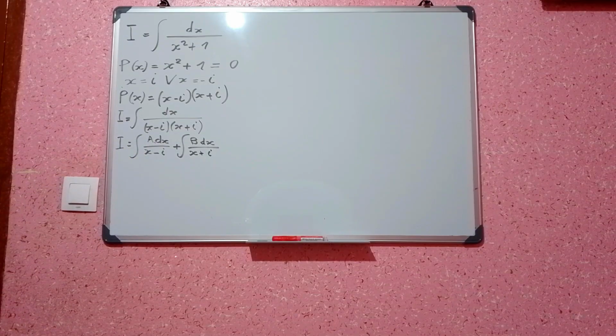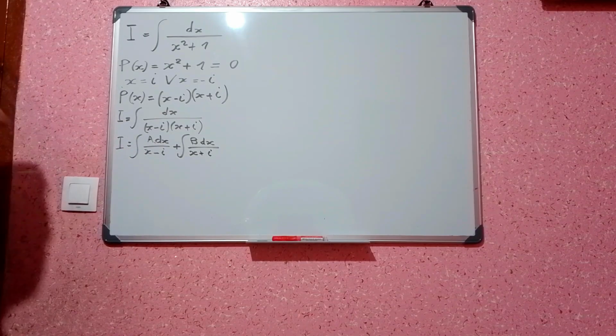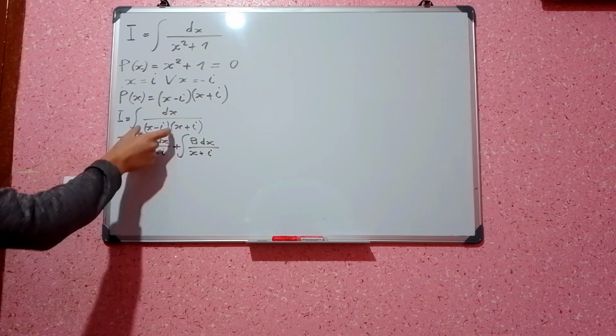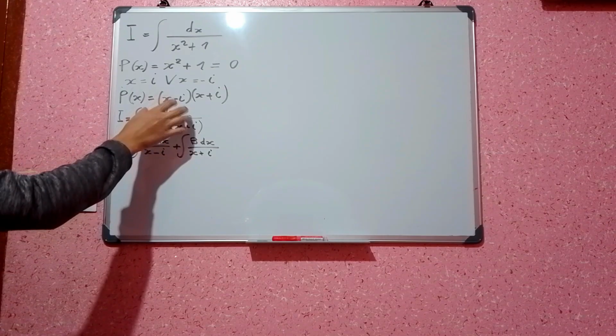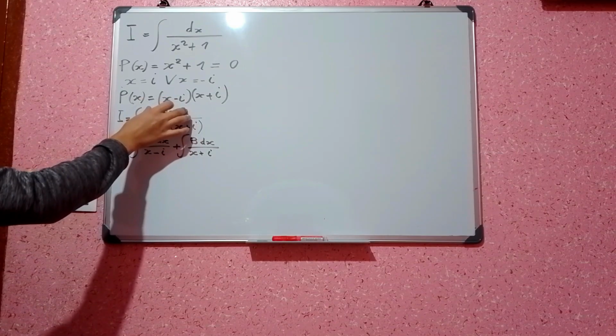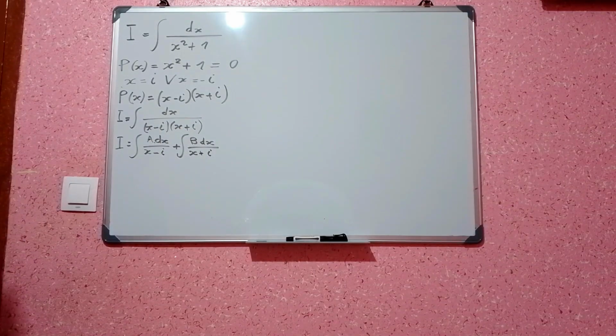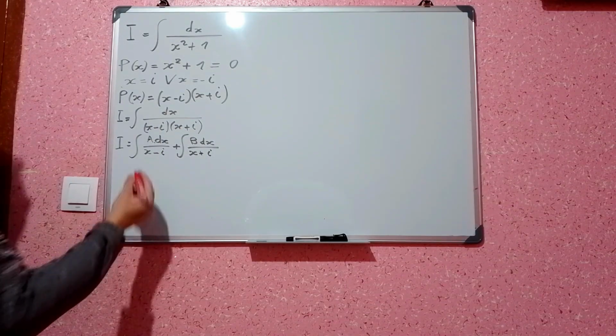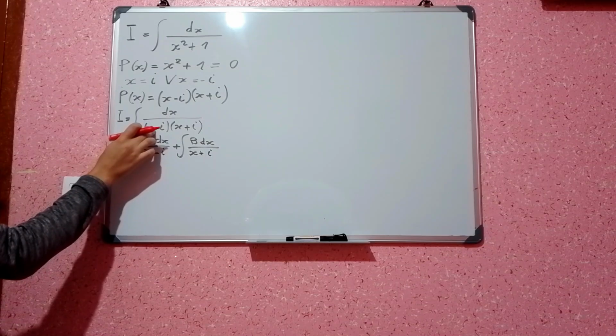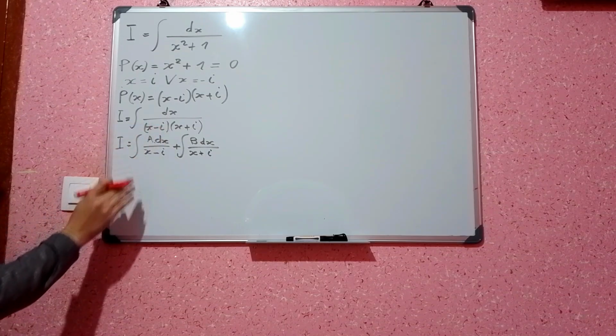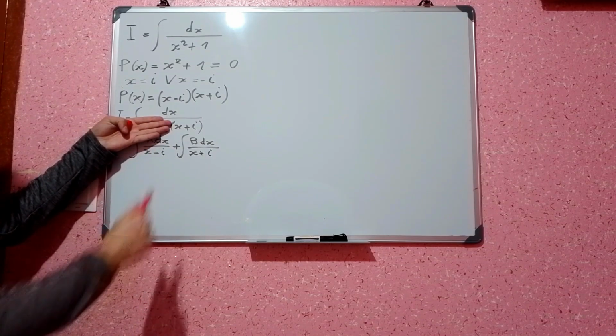There is a famous method to calculate these coefficients when you have an equation of degree 0 over two equations of first degree. First, what we will do is put this to equal 0 so that x equals i, okay, and hide it.